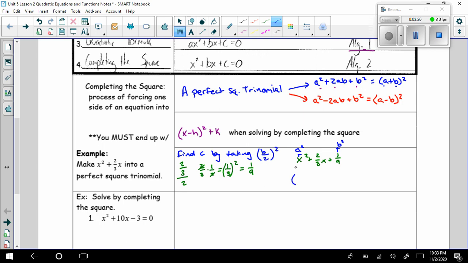So the square root of x squared is just x. Square root of 1/9 is 1/3, and that gives us our b term. This is all plus, plus, plus, so we're following that first line up there. So plus 1/3 quantity squared.